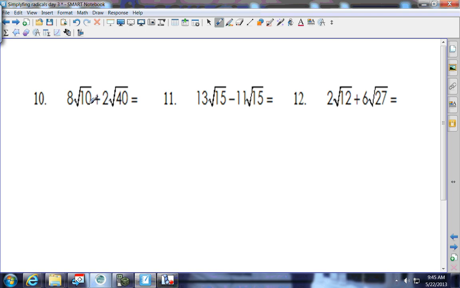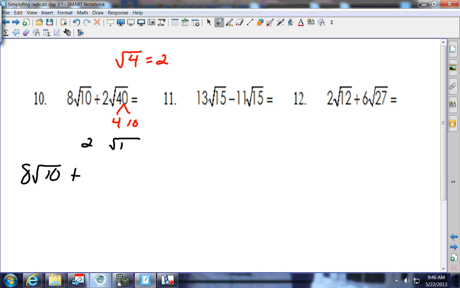Okay, first off on the first one, square root of 10. Can you simplify that any farther? It breaks up into 2 and 5, so you can't do anything with that. But 40 breaks up as 4 and 10. Square root of 4 is 2. So first off, this one is 8 square root of 10. It stays like that. Plus, now, this one, 2 square root of 40.